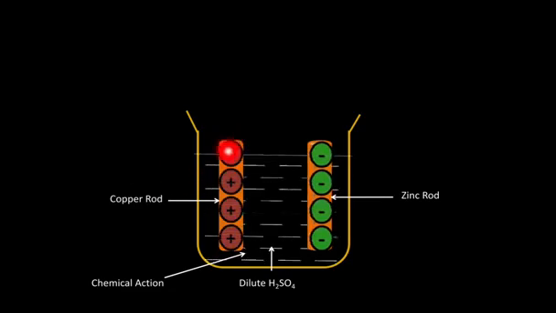So only positive charges are left on the copper rod, so the copper rod becomes positive and the zinc rod becomes negative. So now we have two terminals, positive terminal and negative terminal.